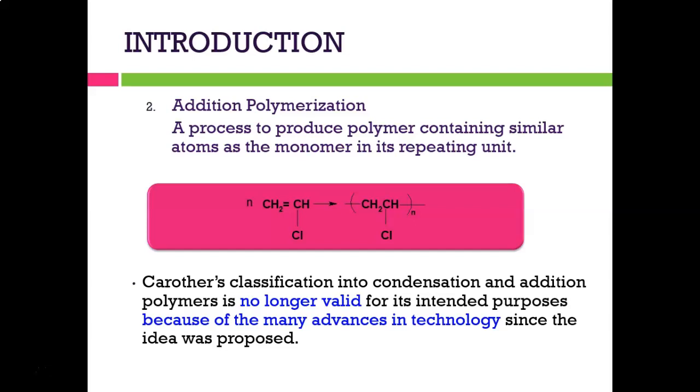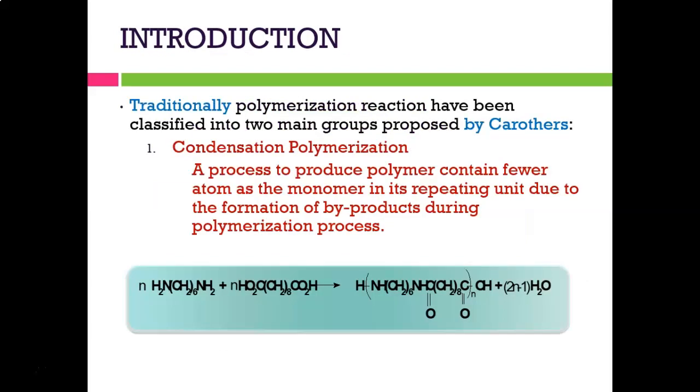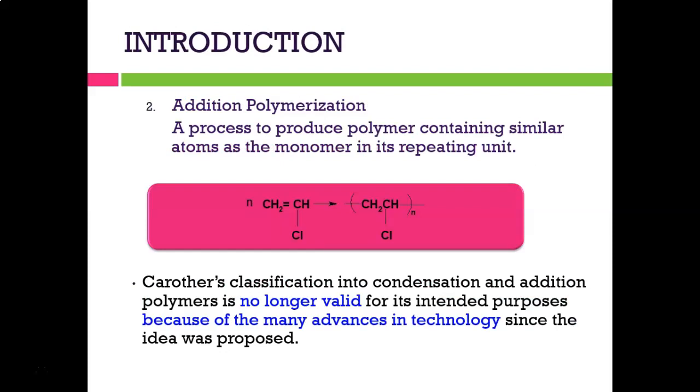So basically, we have condensation and addition polymerization. Condensation polymerization is a step growth polymerization. Addition polymerization is a chain growth polymerization.